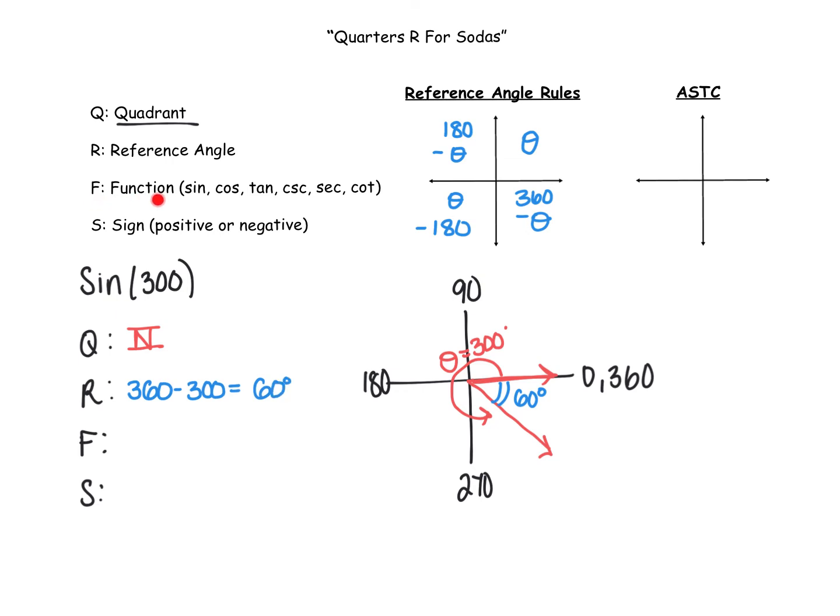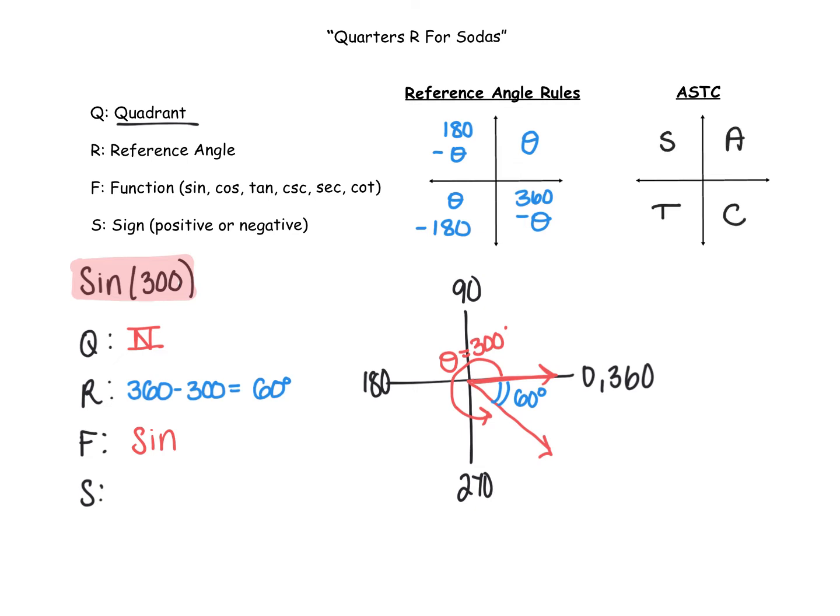Now, F. F stands for function. What function are we dealing with? Sine, cos, tan, cosecant, secant, or cotangent? Well, the original problem tells us to find sine of 300. So my original function is simply sine. Now the last one is S. S stands for sign, not this sign, but sign meaning positive or negative. So this is where we have to recall all students take calc.